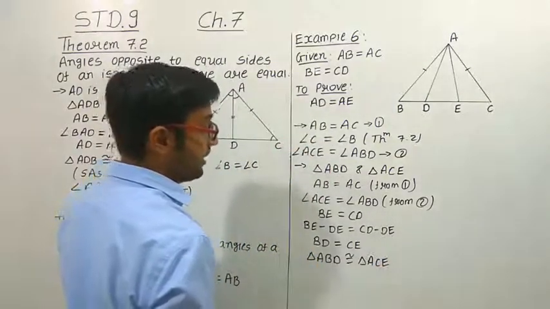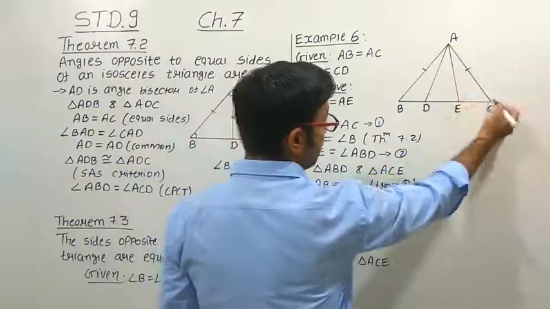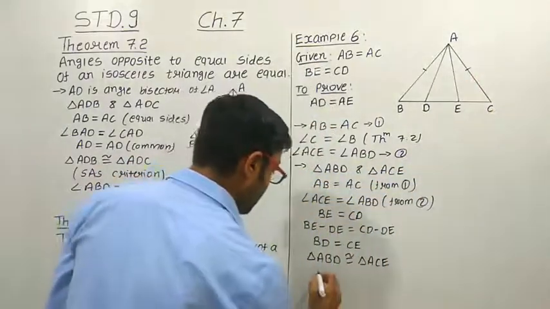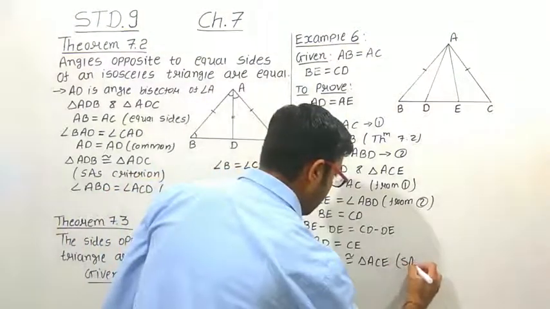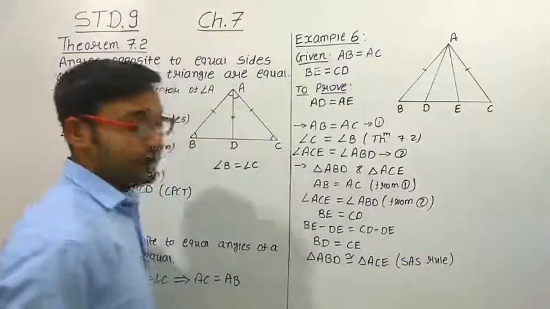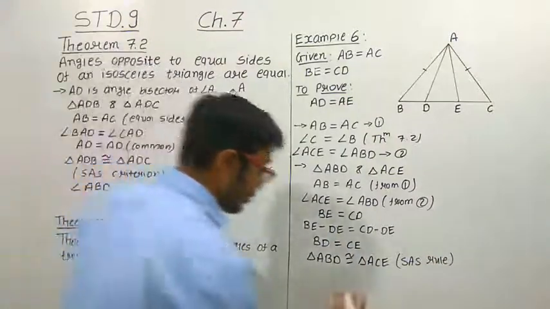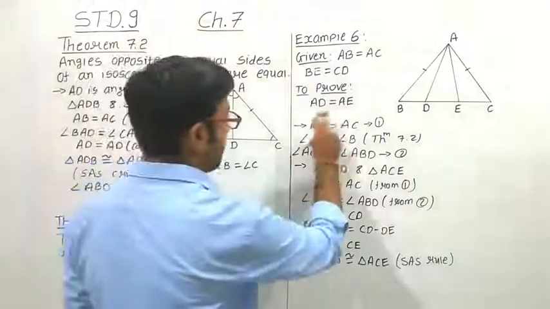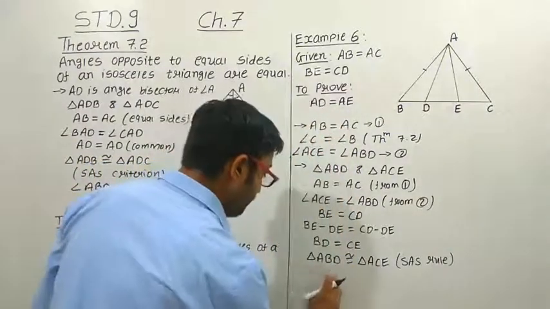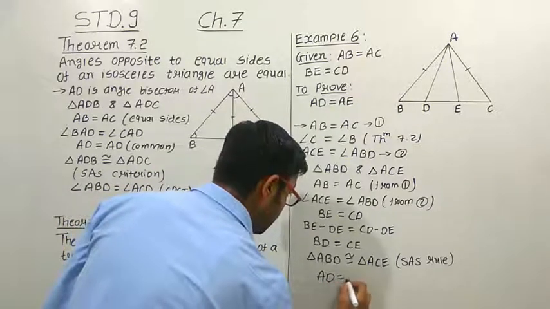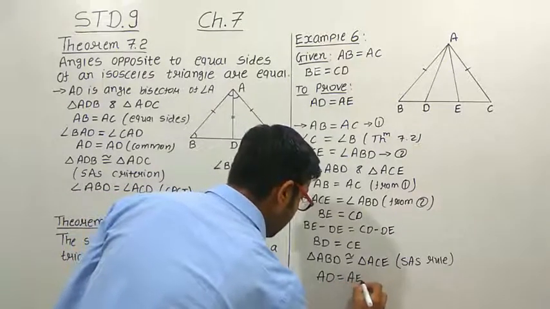Right? Now which criterion is there? We have one side, this angle and this side. That means side angle side. So we can write it by the side angle side rule or criterion. Now as the two triangles are congruent, according to CPCT we can write down side AD is equal to side AE.